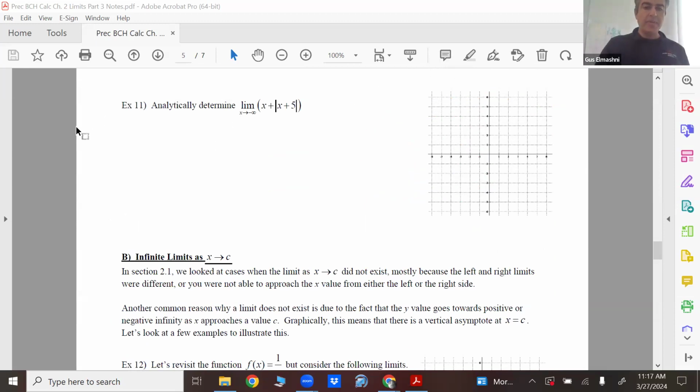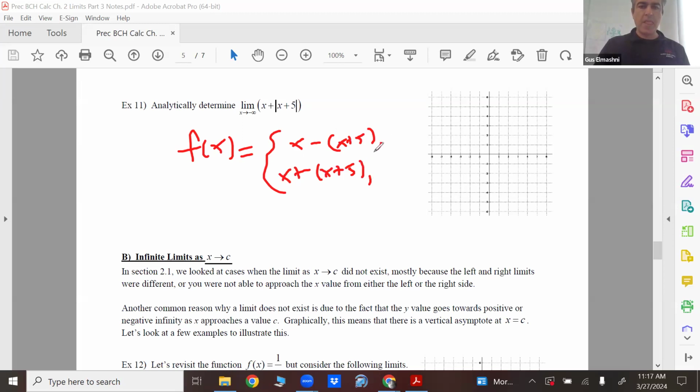Analytically determine the limit as x approaches negative infinity of that. Now remember, this is a piecewise function. We know this. It's x plus 5, or actually x minus, x plus 5, as x is less than negative 5 here, or x is greater than 5.